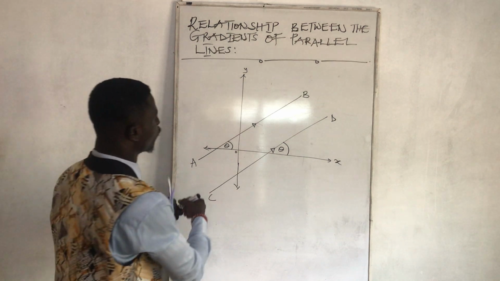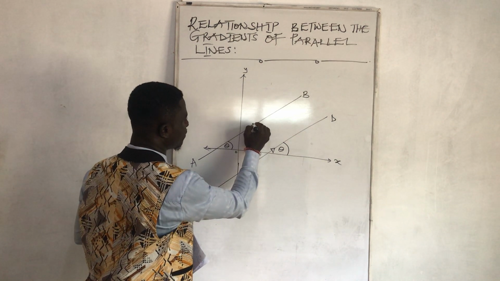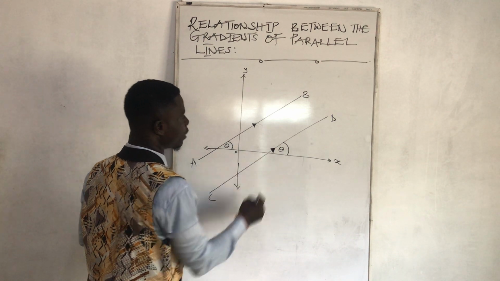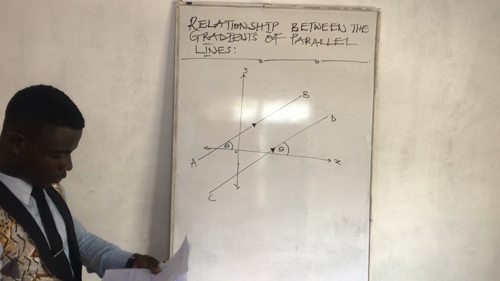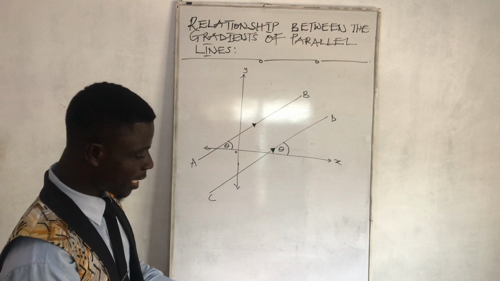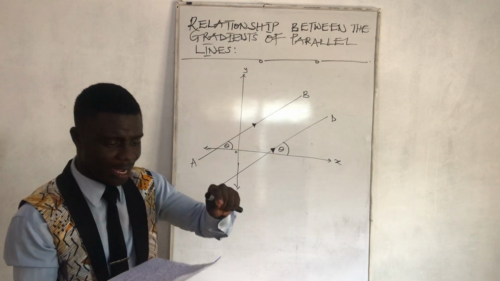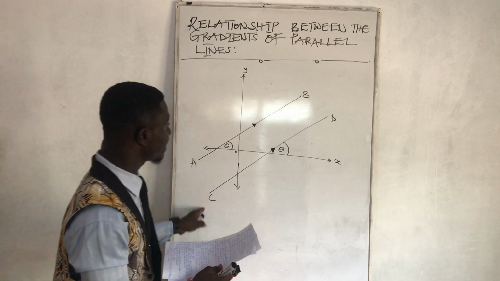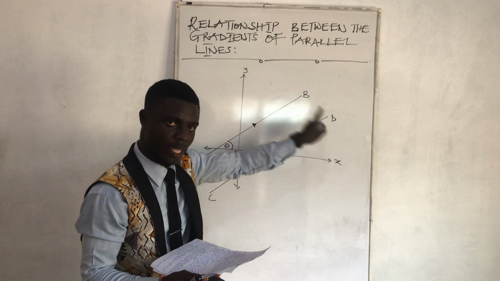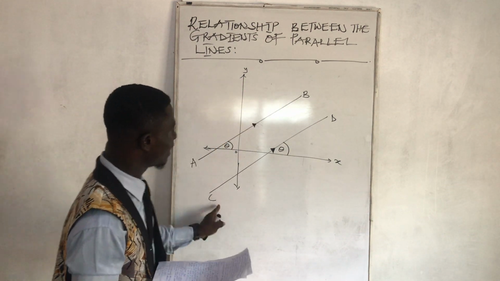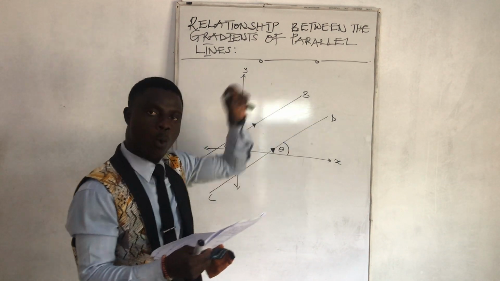So we have two parallel lines. They are not meeting at a particular point, so they are said to be parallel. Line AB is said to be parallel to line CD. Why?